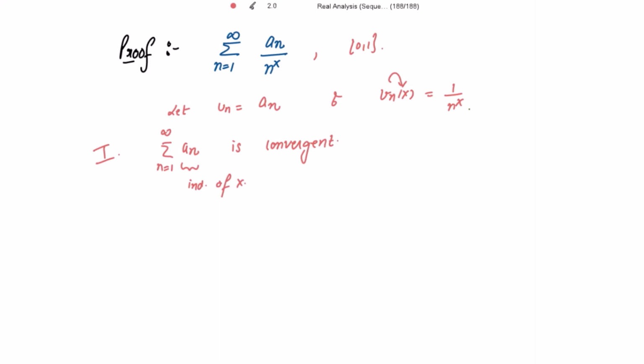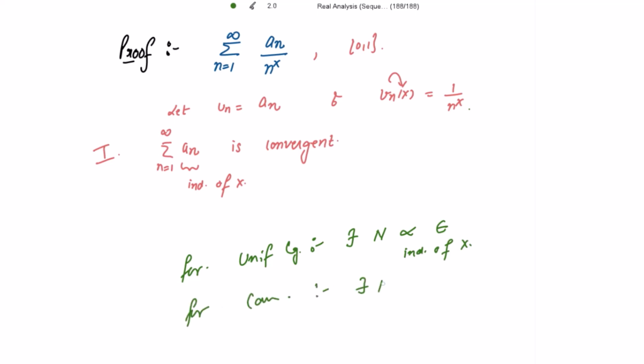For uniform convergence, there exists a natural number n that depends upon epsilon and is independent of the point x. But for convergence, there exists a natural number n that depends upon epsilon and also the point x. This is the difference between these two.